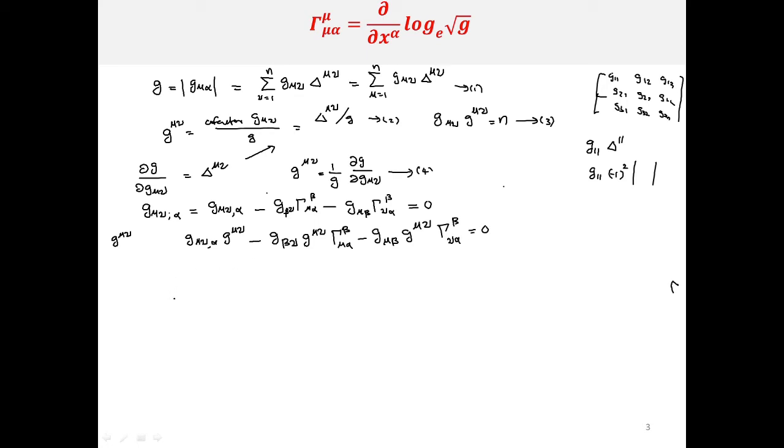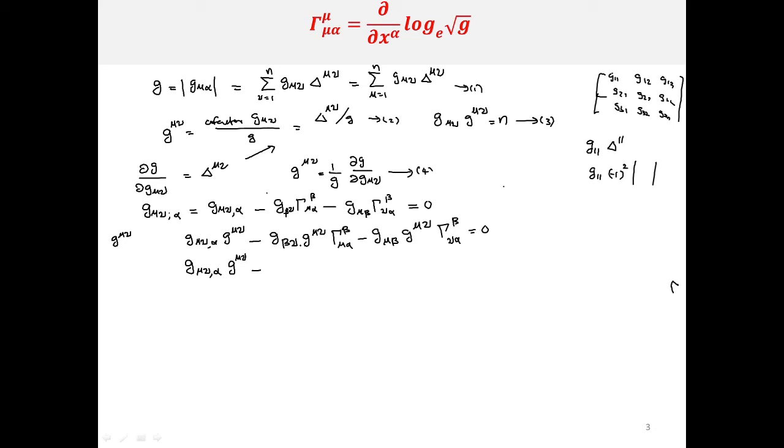Now the first term is g mu nu, alpha into g^mu nu, minus, what is the value of this particular expression g?